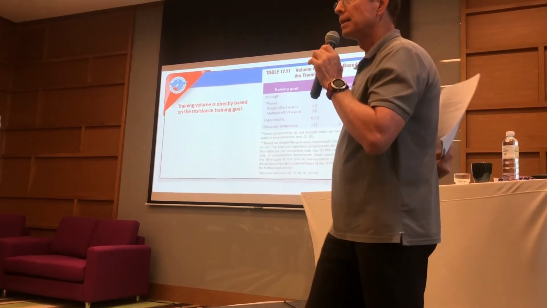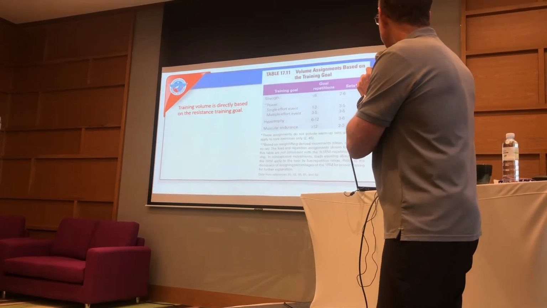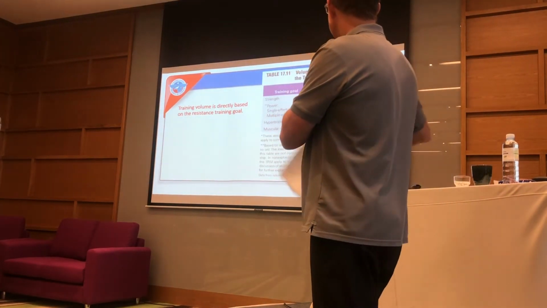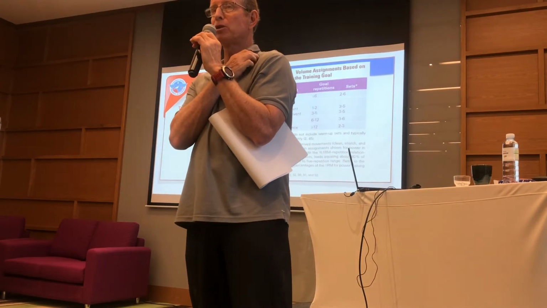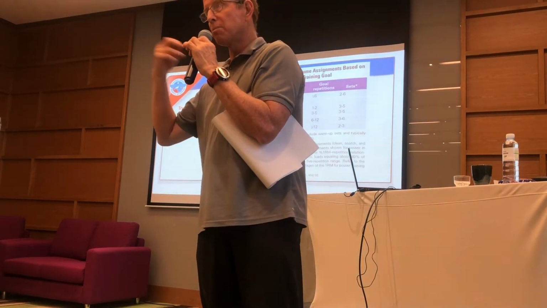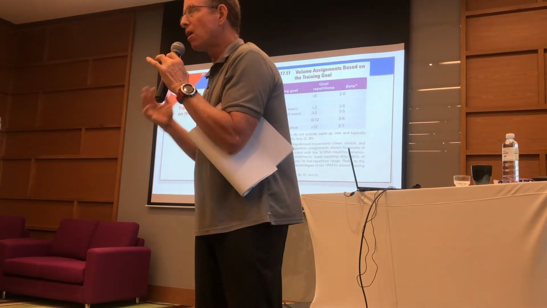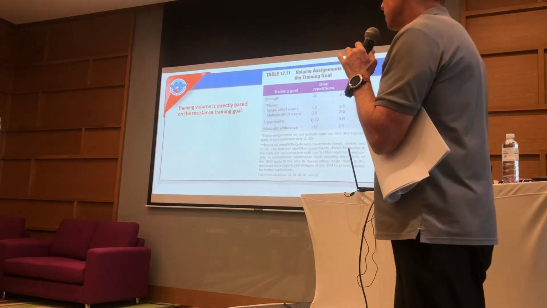Number of sets depends upon your training goal. If you look at this chart, you see the most sets for hypertrophy, 3 to 6 sets. As I defined before, with hypertrophy you want to get as much blood flowing as possible. You want to have as many repetitions, lift as much volume as you can, much higher than the other training goals.